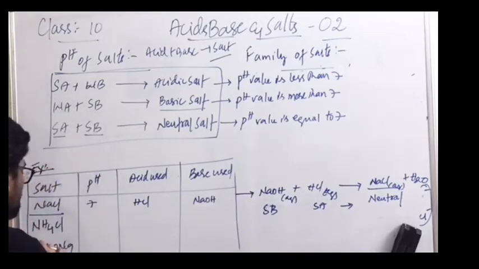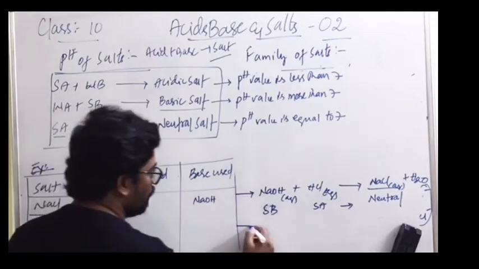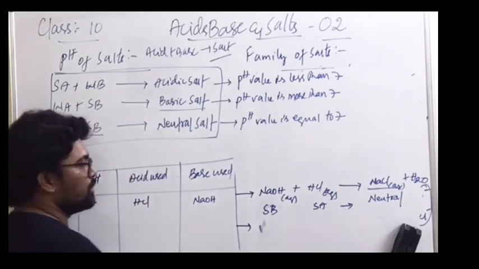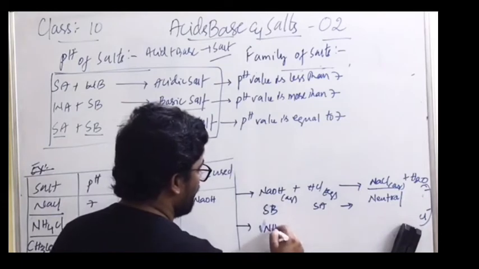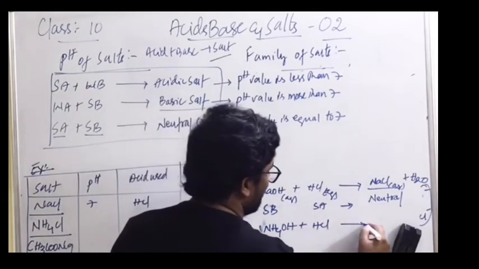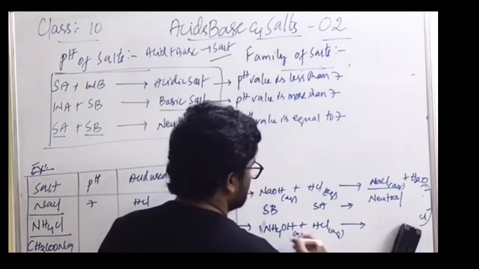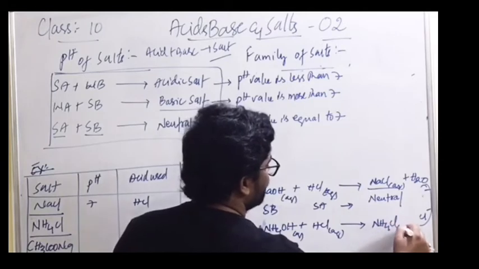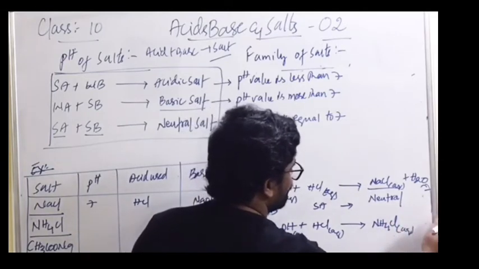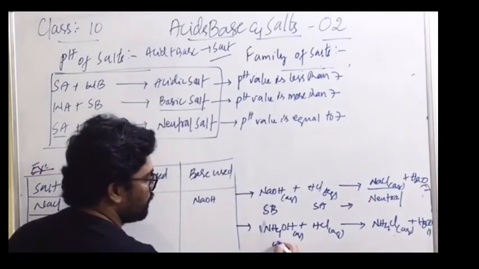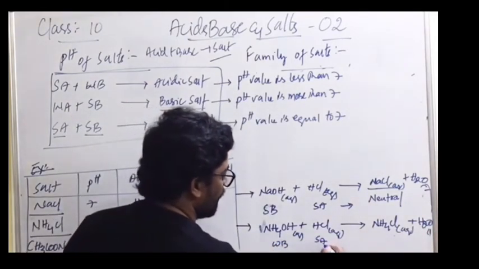Yes. Next, ammonium chloride. How do I find it? Ammonium chloride is a salt formed by the combination of ammonium hydroxide plus hydrochloric acid. I get a salt called ammonium chloride. Which salt should I call this? This is a weak base and a strong acid.